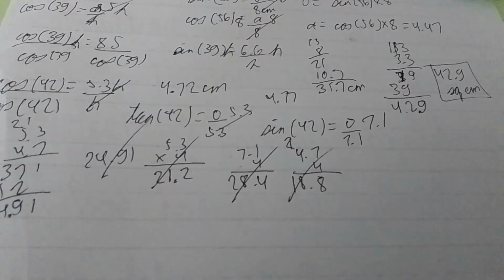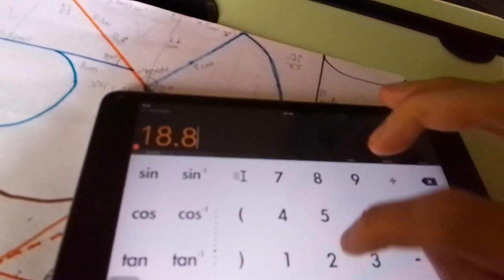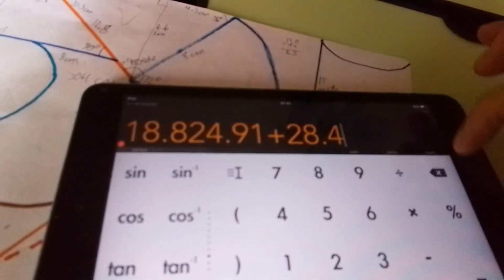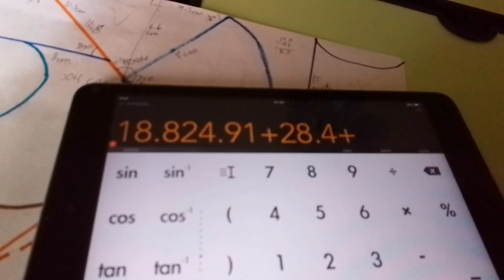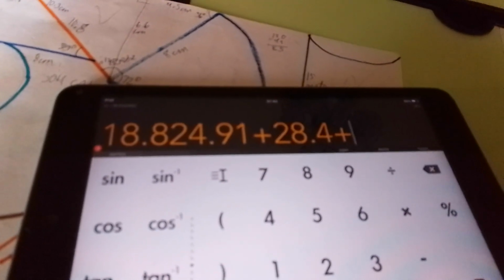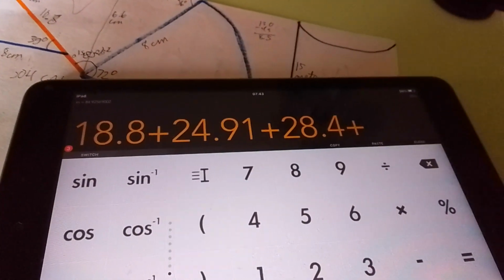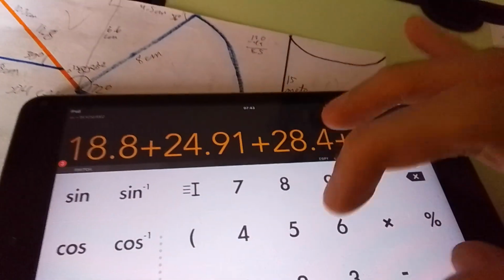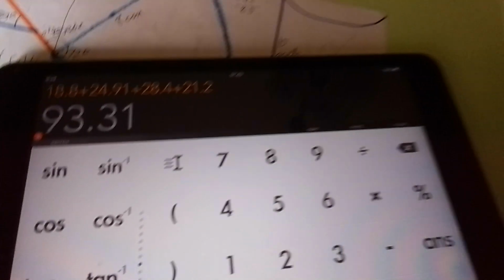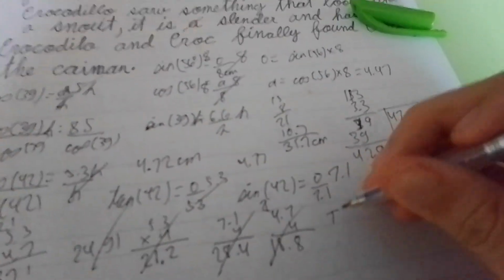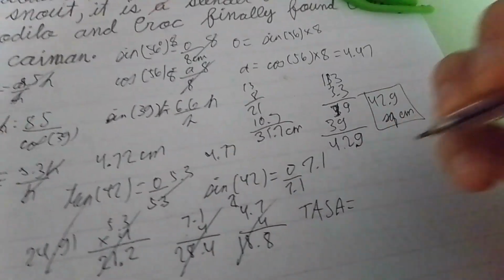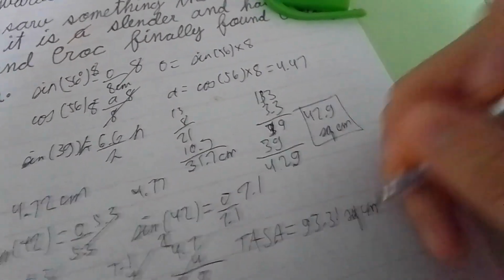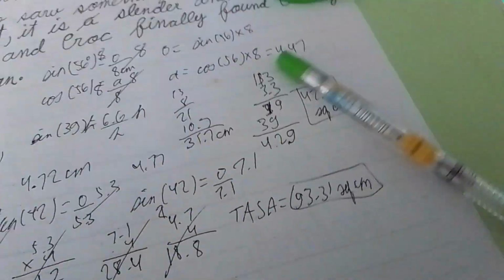When we sum up everything, we should get 93.31. So the total surface area is 93.31 square cm. That's the final answer, alright?